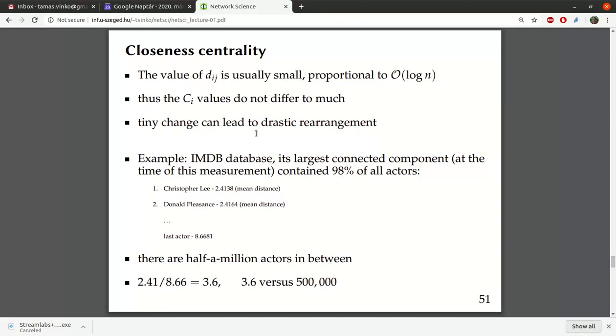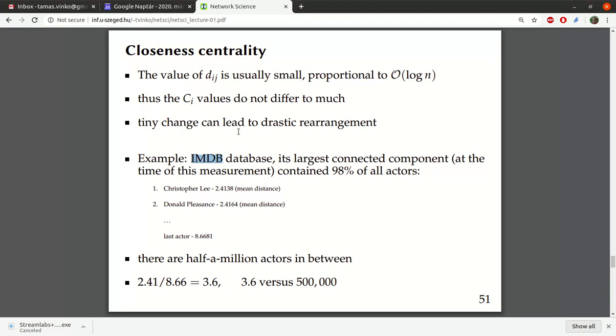But to demonstrate this, here is an example. It's actually quite an old experiment, but it's still meaningful, of course. We can take the famous IMDb database, the Internet Movie Database, which contains a huge amount of information about movies produced in the last whatever time interval.